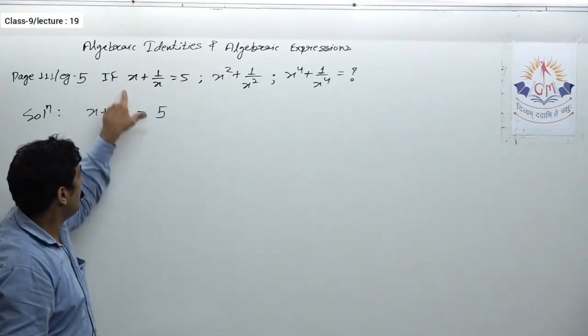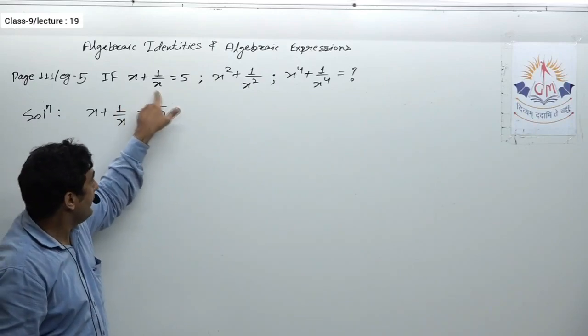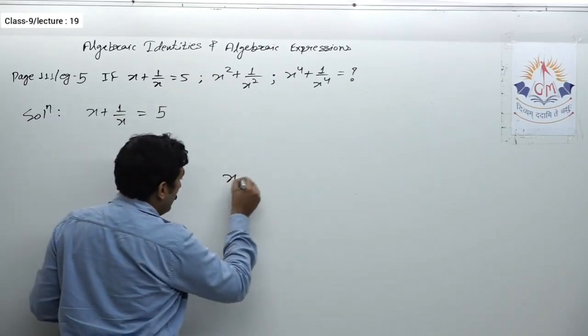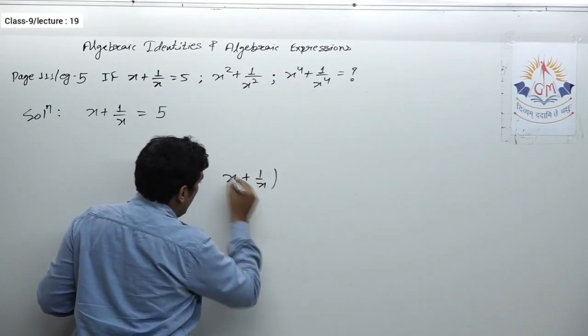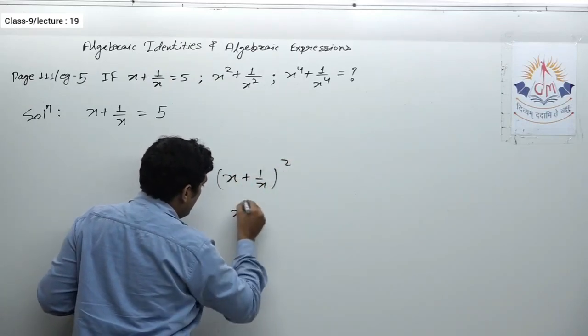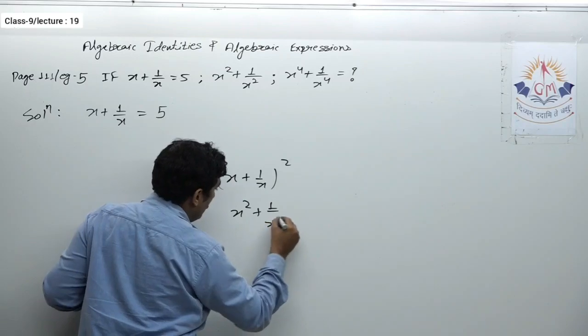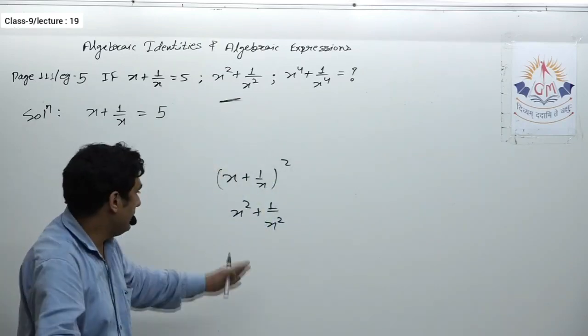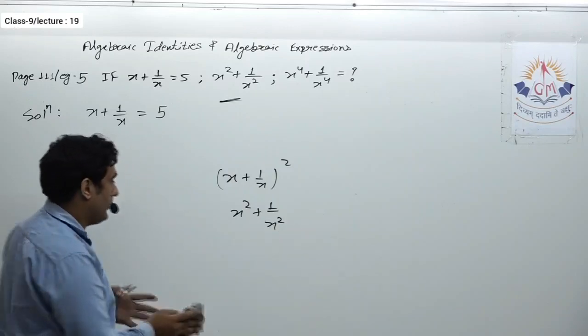Another thing, if I square this, definitely the first two terms will be this. If you square x plus 1 upon x, then the first term and the second term will be this only. Definitely the third term will be 2ab, 2 into x into 1 upon x.